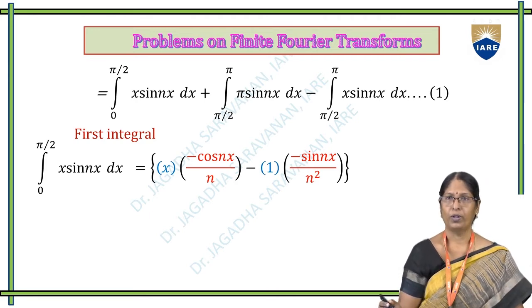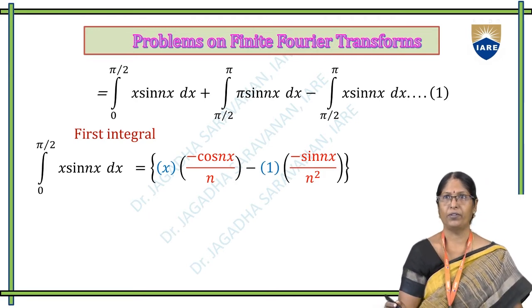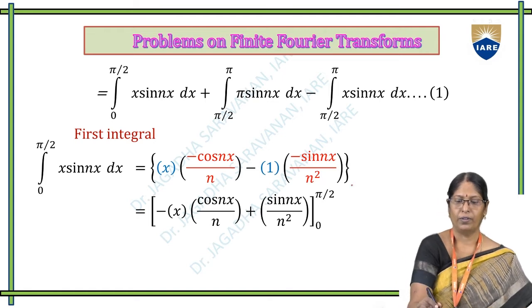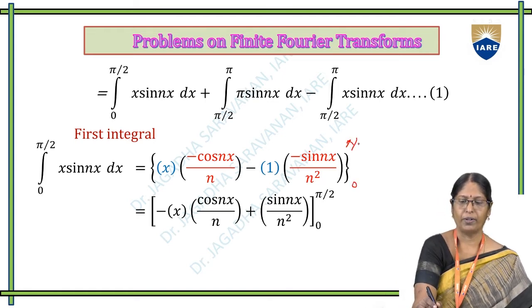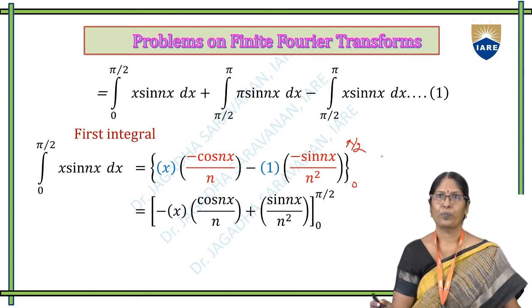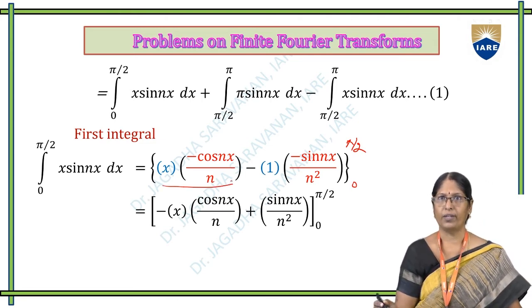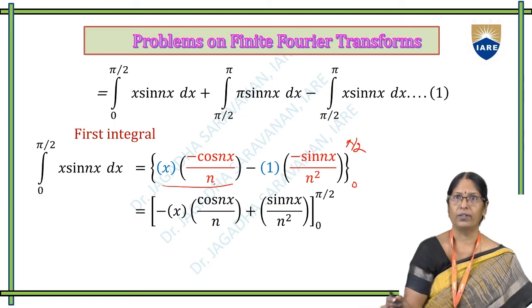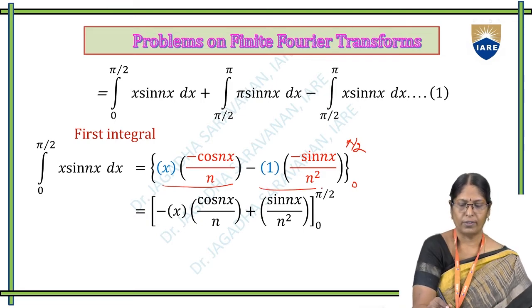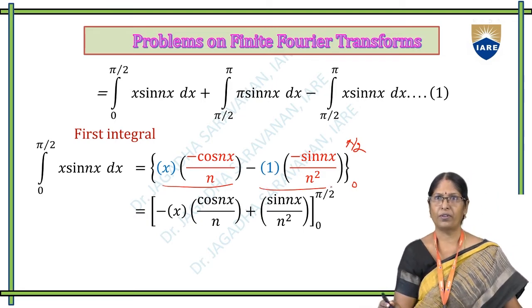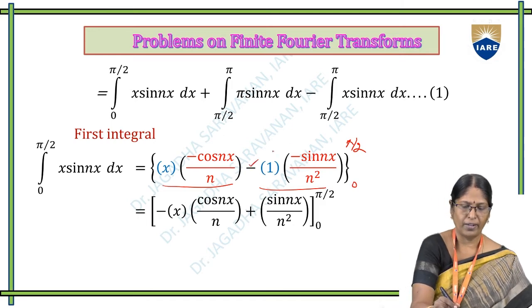Now the integration is completed. Here 0 to pi by 2 is to be written. Here, if you're noticing, two terms are there. The first one is here, whereas the second one, if you're concentrating, has a minus sign, and here also a minus sign is there.